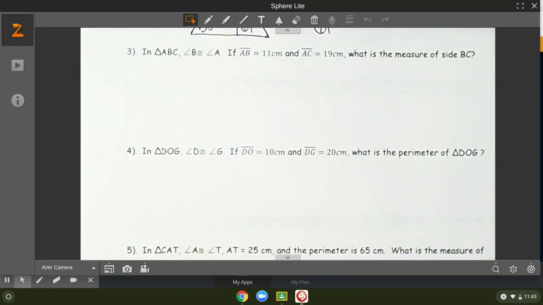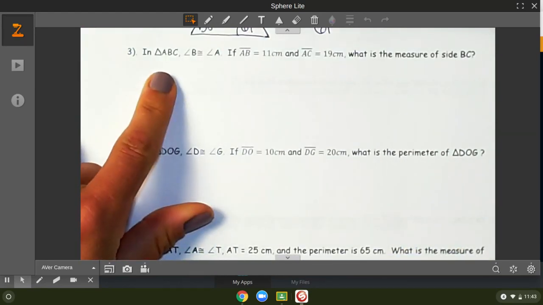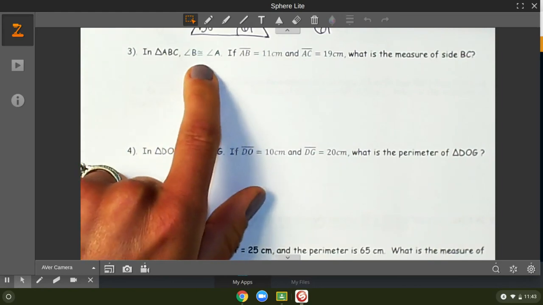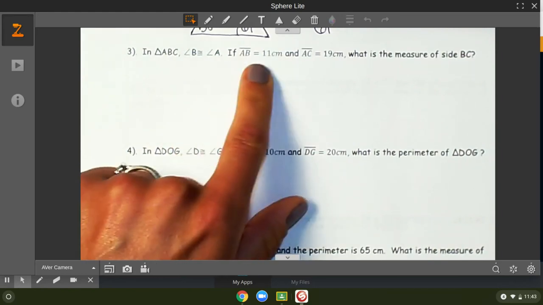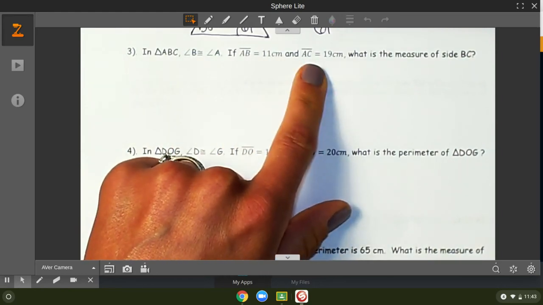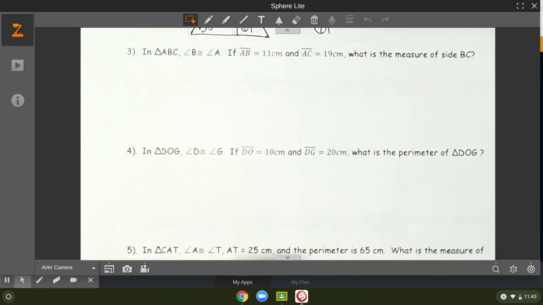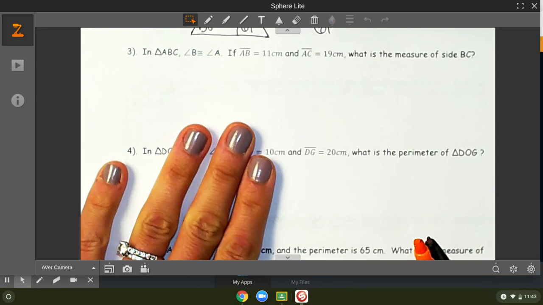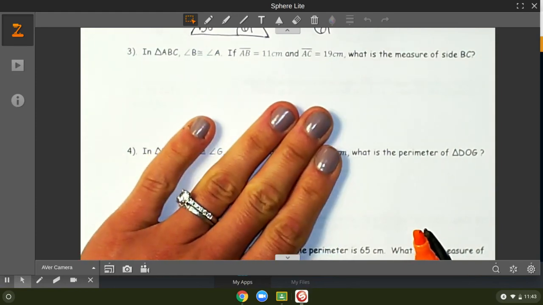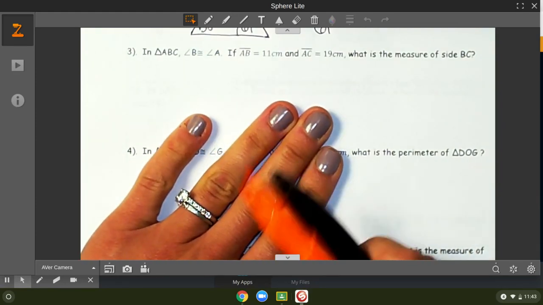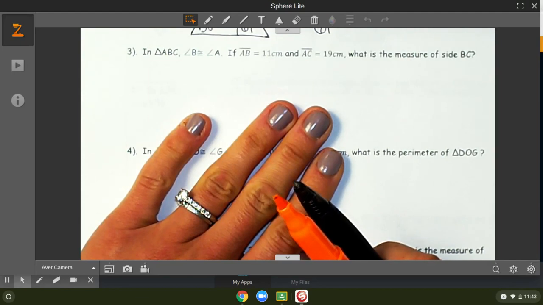All right, number 3. In triangle ABC, angle B is congruent to angle A. If AB is 11 and AC is 19, what is the measure of side BC? Okay, so we read through the question once. Now, I want to ask you, do you know what type of triangle this is?